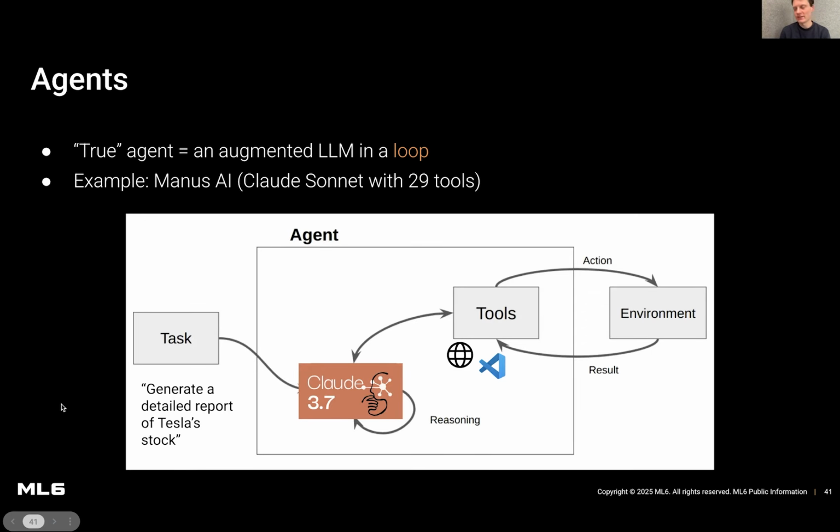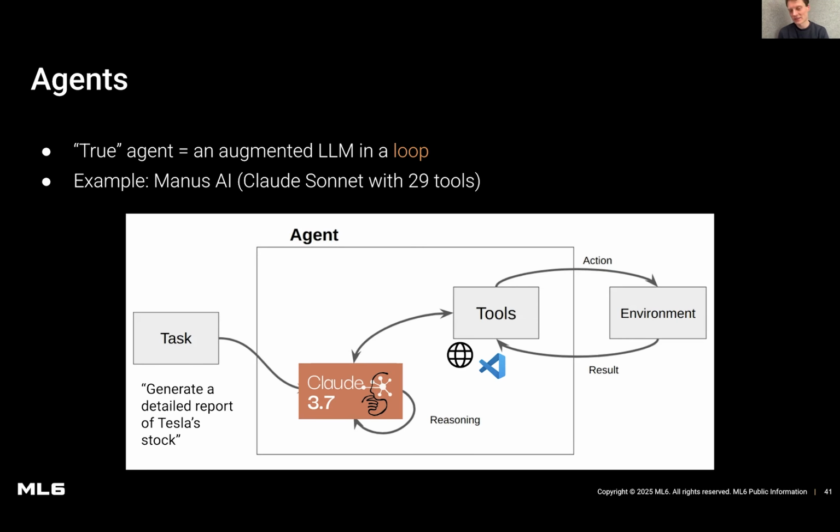Again, we can map it to this figure. It has actually been leaked that Manus AI is actually just Claude Sonnet with access to 29 different tools. So they equip it with quite a bunch of tools, including the browser, so it can actually control a browser and just go on Google and find related things.